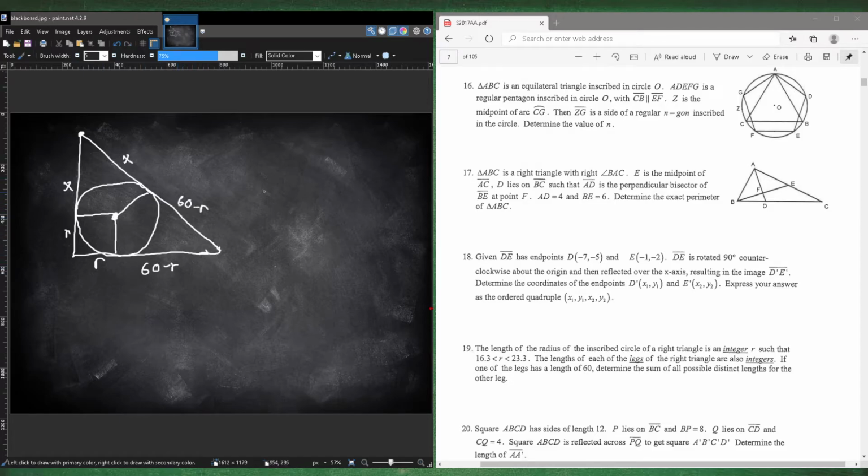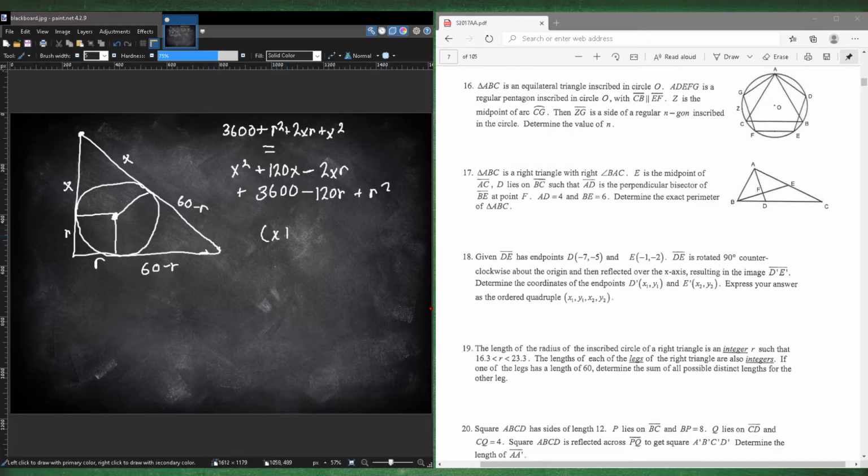So now we can use the Pythagorean theorem. 60 squared, which is 3,600, plus (r plus x) squared, that's r squared plus 2xr plus x squared, is equal to (x plus 60 minus r) squared. That's x squared plus 120x minus 2xr plus 3,600, minus 120r, plus r squared.